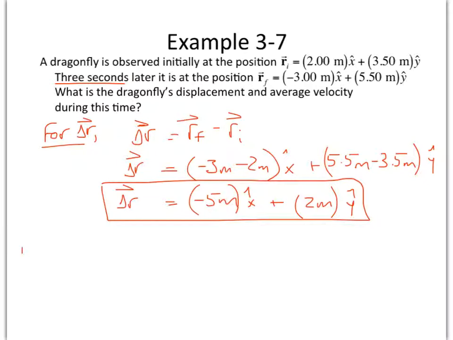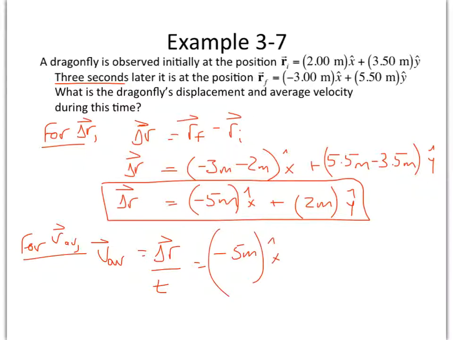And so since average velocity equals displacement over time, that means we can take our displacement unit vectors, negative 5 meters x hat and 2 meters y hat, and you may be asking, why did I make this parentheses so big?